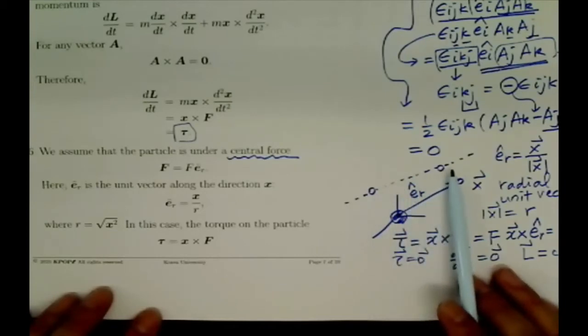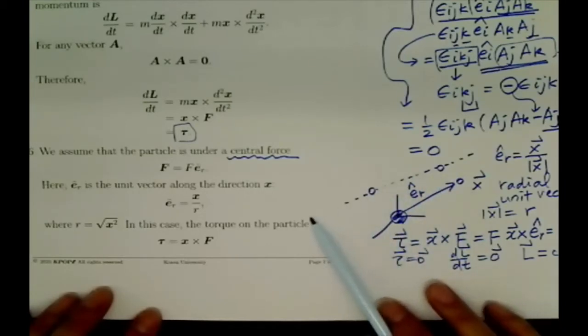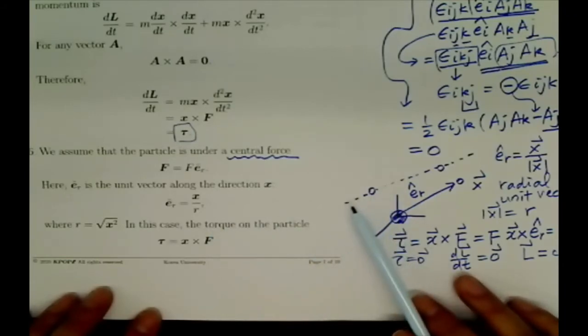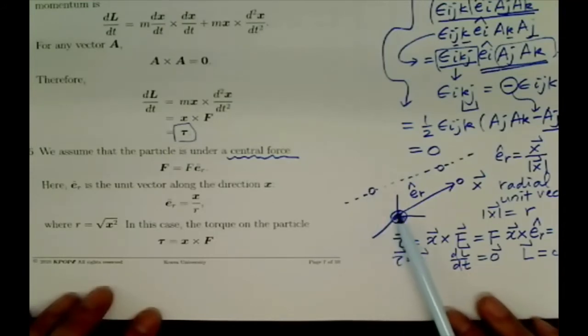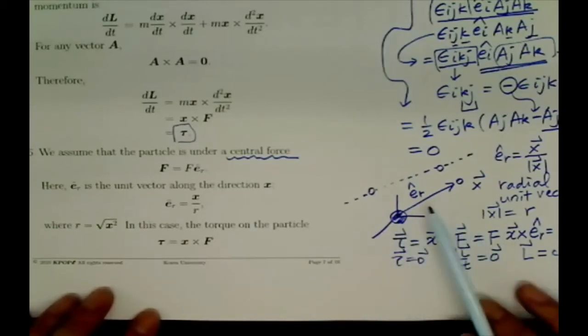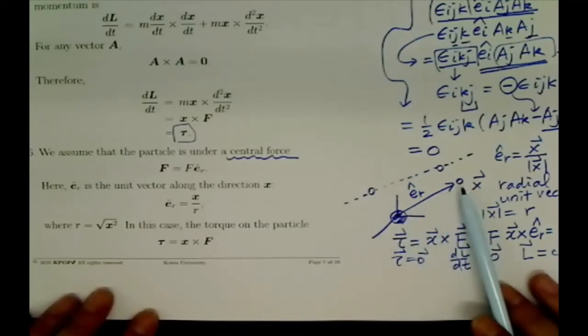Suppose we have a very heavy particle here, then we can choose the reference frame fixed to this heavy particle. Then the line connecting the two particles is just the line connecting the origin to the light particle.